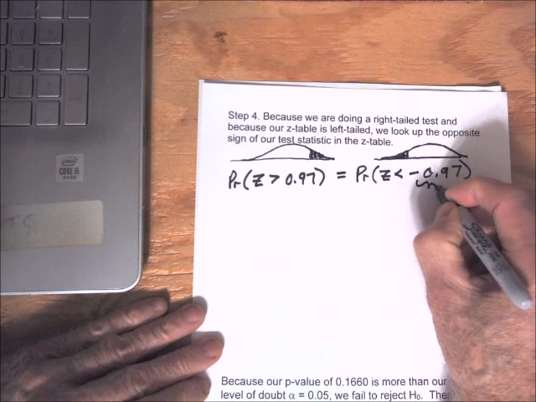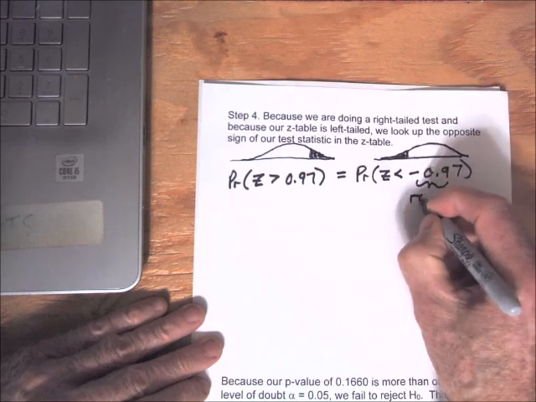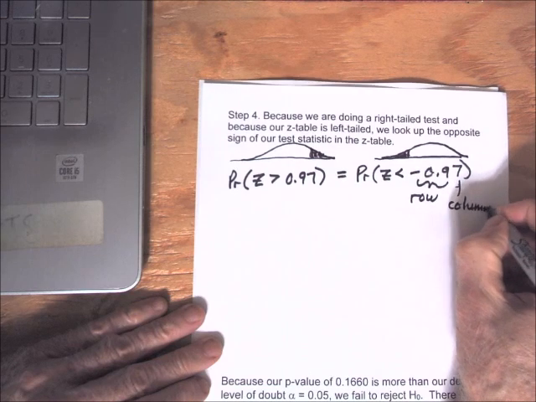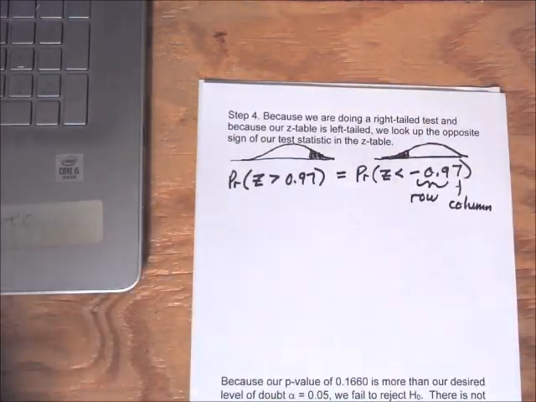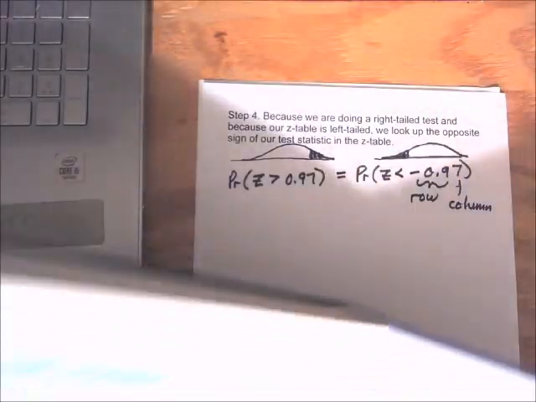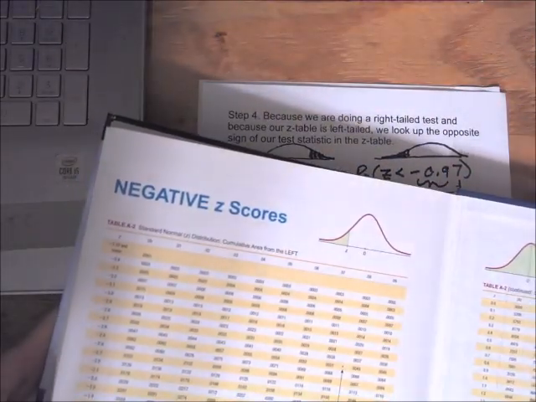So we want to look in the z-table, look in row negative 0.9 and column 7. Negative 0.9 in column 7.